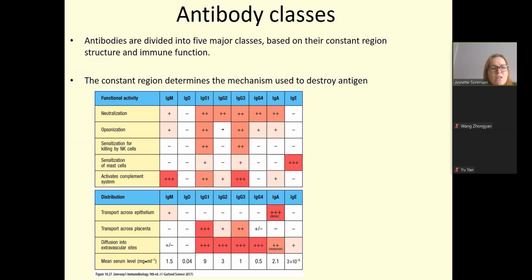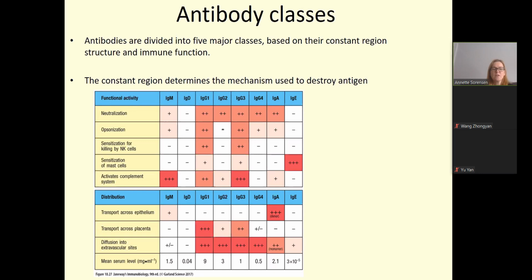We've already talked about how antibodies are divided into these 5 major classes based on their constant region. It's the constant region which decides what class you belong to, but also their immune function. It's the constant region which really determines the mechanism used to destroy the antigen. You can see that here in the figure.